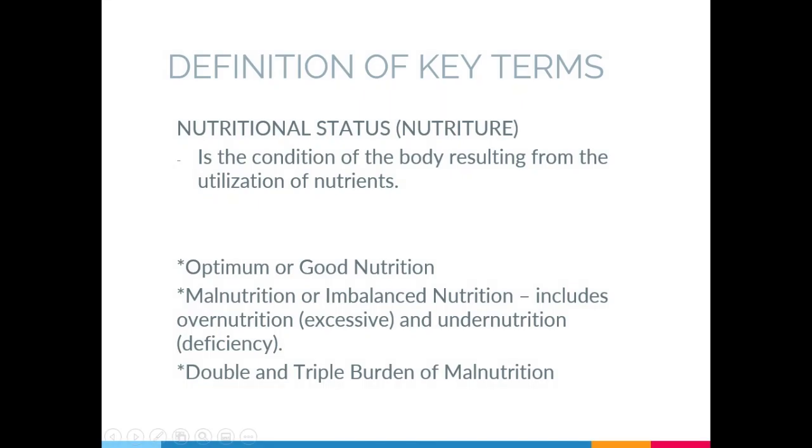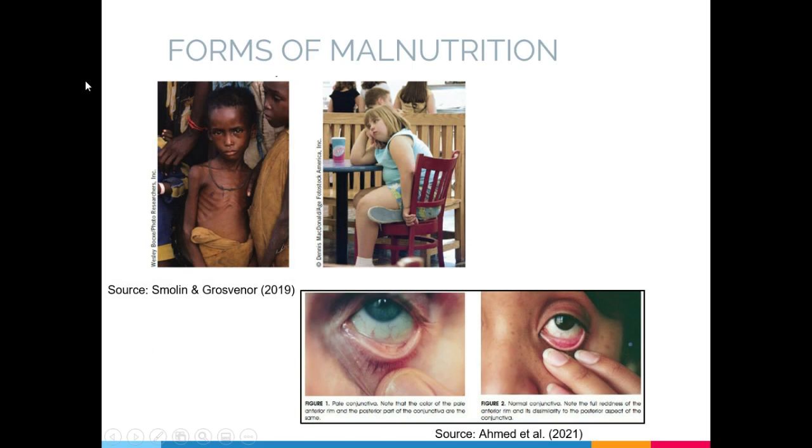So, unsa man ning double and triple burden of malnutrition? Double burden of malnutrition is when a particular community has both under and overnutrition. Like, ang cases sa undernutrition o ang cases sa overnutrition kay the same, the same nga significant. Okay, that means naay mga bata nga undernourished aside sa mga batang overnourished.